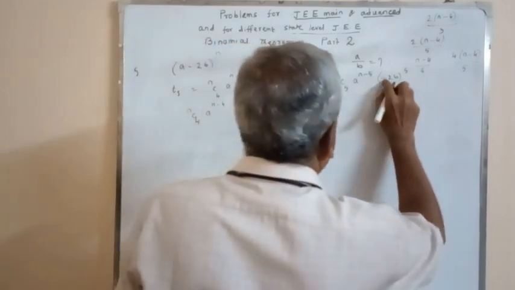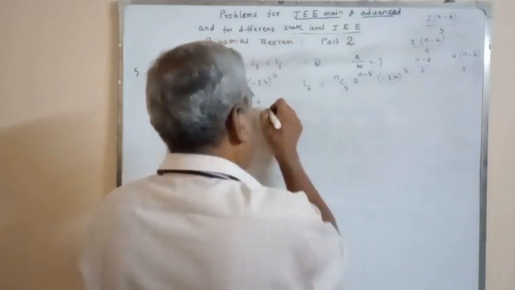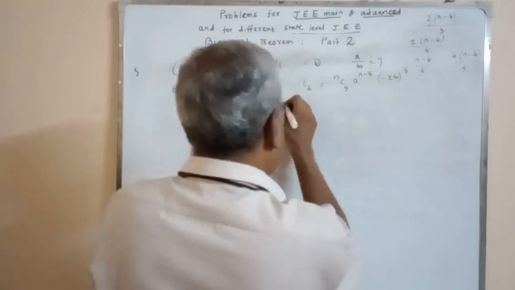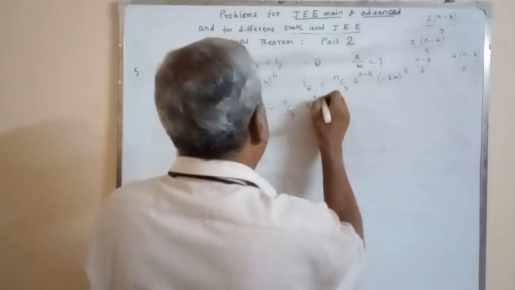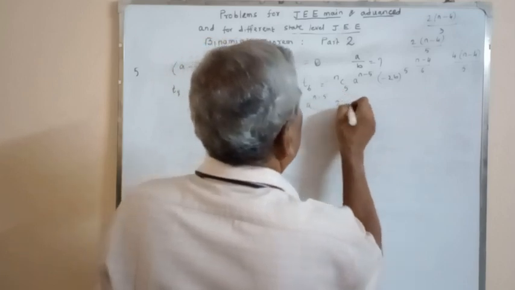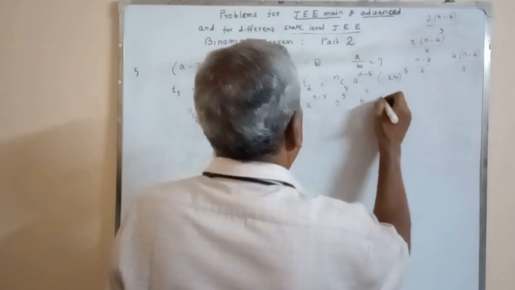This is actually for that factor it is negative, so minus nC5 a to the power n minus 5 into 2 to the power 5 into b to the power 5 is equal to 0.